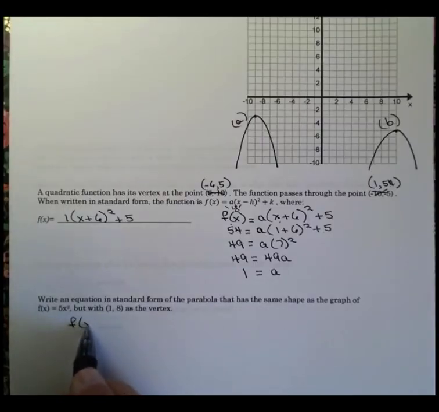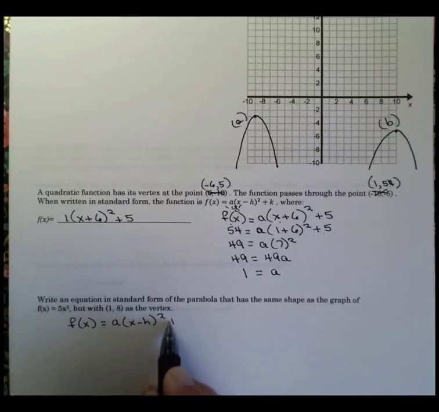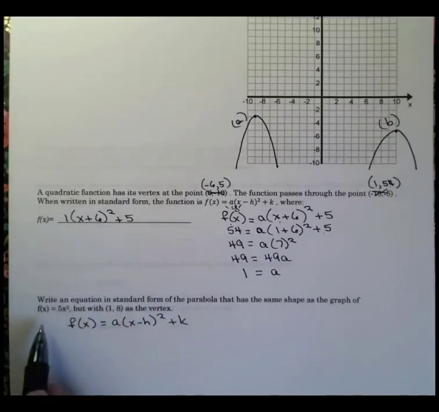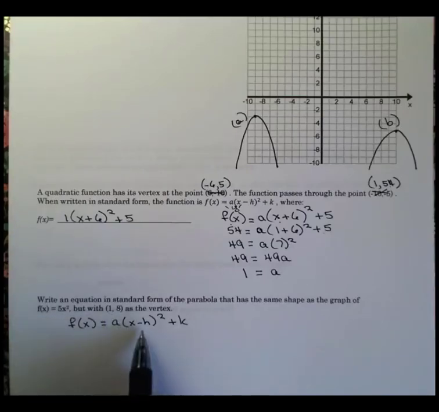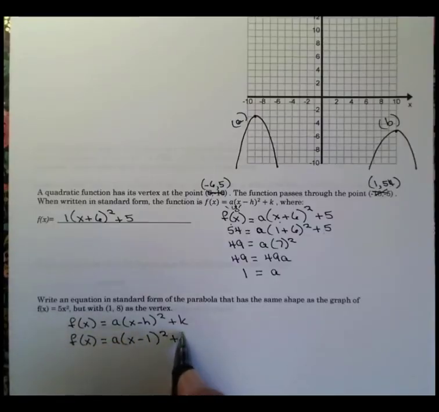It's f of x is equal to a times (x minus h) squared plus k. And I do have something that I know about it, don't I? I have the vertex. So I know I've got a vertex of (1, 8), and I can just plug that in first. So I'm going to say that's a vertex of (1, 8).